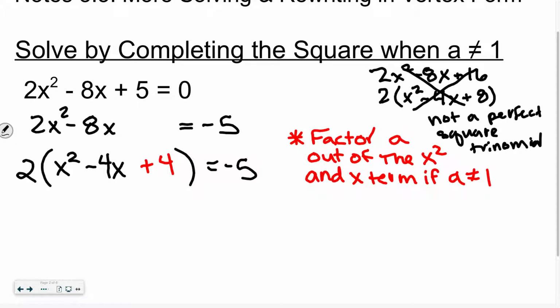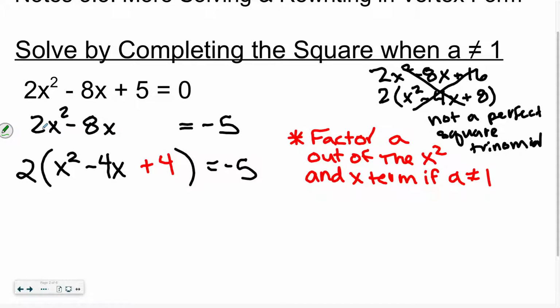Okay, now here's the other part where you have to be really careful for today. When you put in a plus 4, normally we used to just add 4 to the other side. But we had factored out an a value, which in this case was 2. So this is not really x squared, it's 2x squared. And this is not really negative 4x, it's negative 8x.